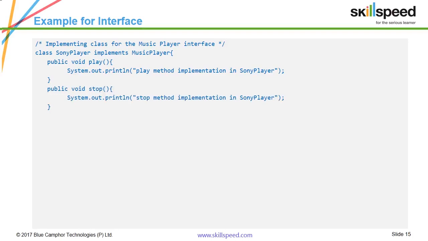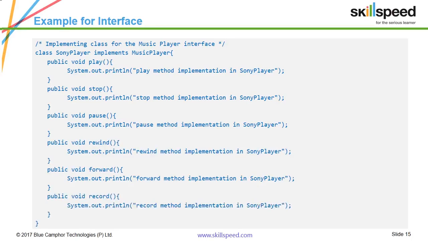Similarly, public void stop being implemented with the method body. Public void pause, rewind, forward and record methods are also being implemented with a definition for the method body, which is just a print statement mentioning the stop method, pause method, rewind method, forward method and record methods implementation in the Sony player as the single sentence for the print.